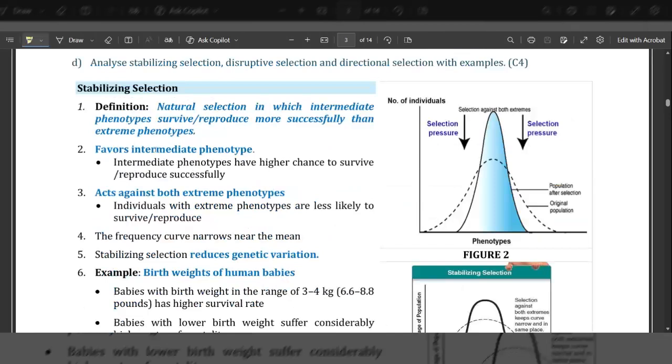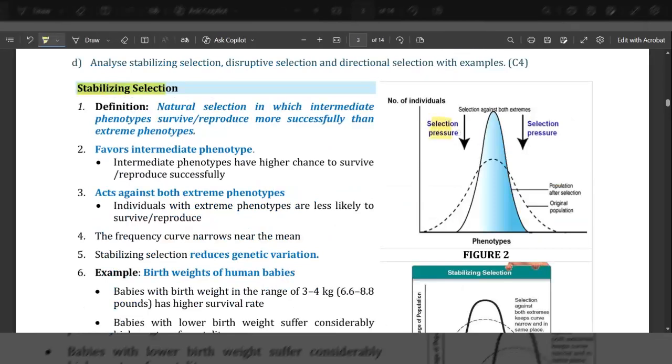So for stabilizing selection, you can see that the selection pressure is against the extreme phenotypes, and the favorable phenotype is the intermediate phenotype, while the non-favorable phenotype is both extreme phenotypes. Okay, so individuals with the intermediate phenotype, because they are more favorable, will have a higher chance to survive the environmental change.